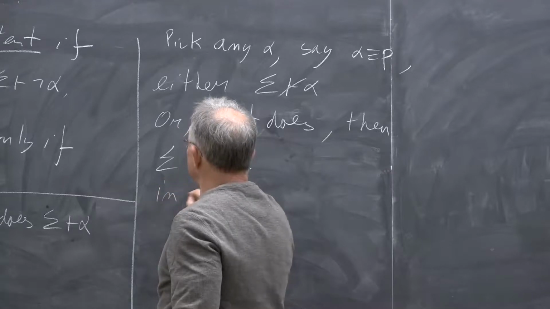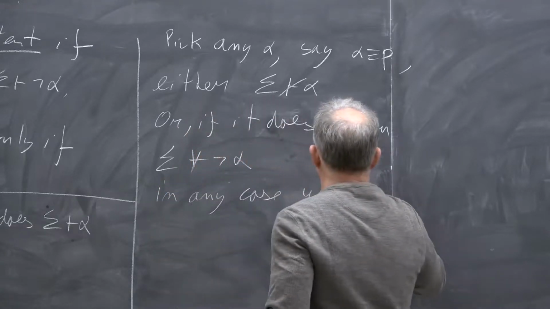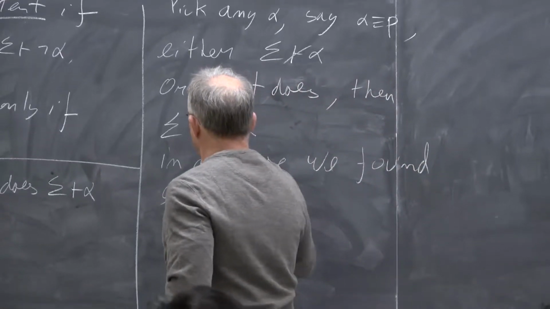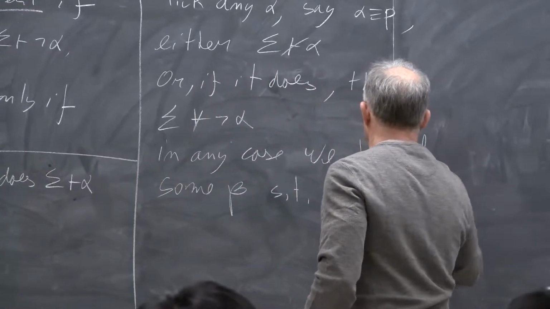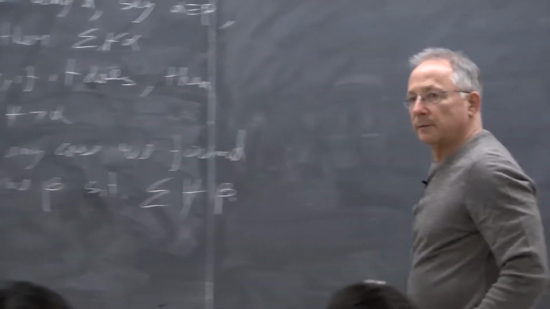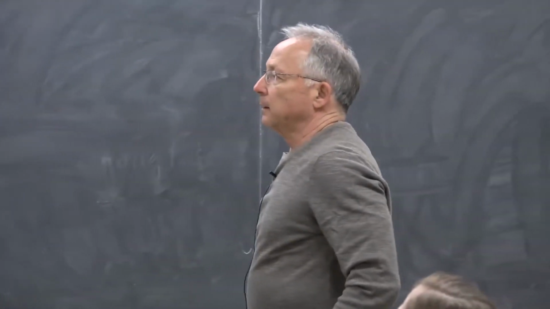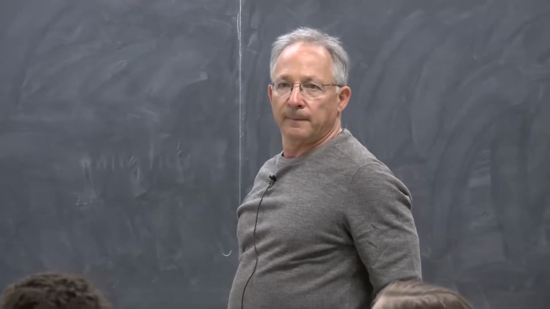So in any case, we found some beta such that sigma cannot prove beta. So if sigma satisfies the first definition of consistency, it definitely satisfies the other.